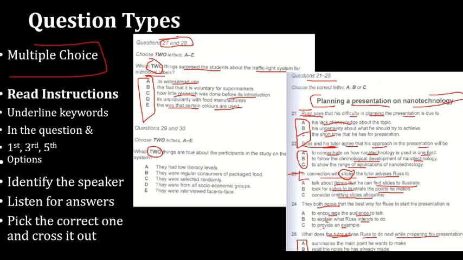This gives you a little bit of contrast. Even though you haven't read B and D, you have read A, C, and E. So concentrating on that, this one is about unpopularity, and this one the fact that it is voluntary for supermarkets.